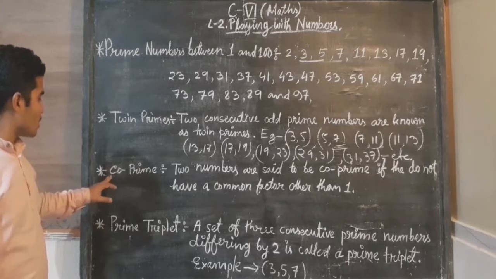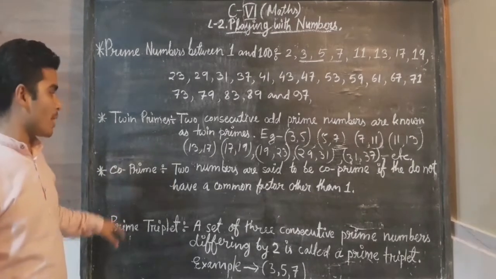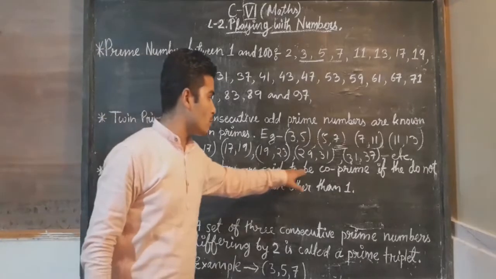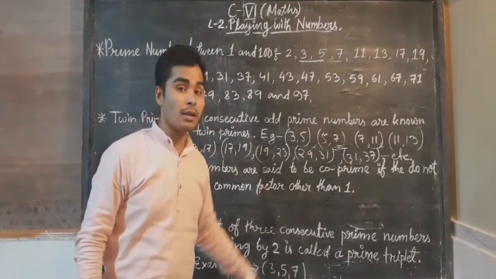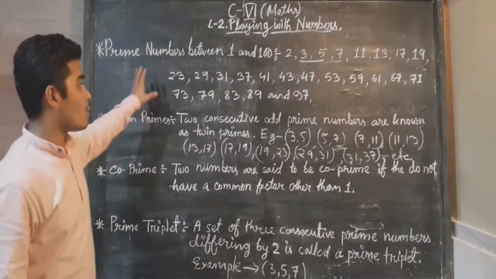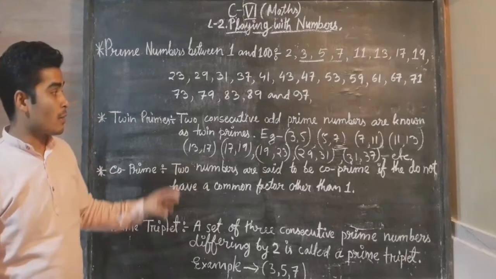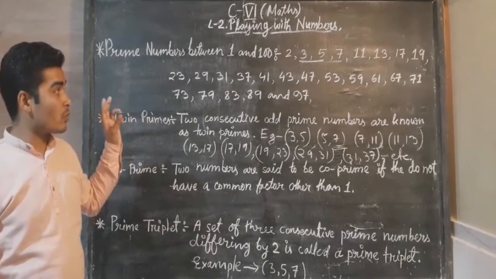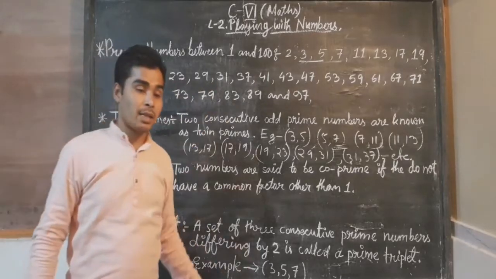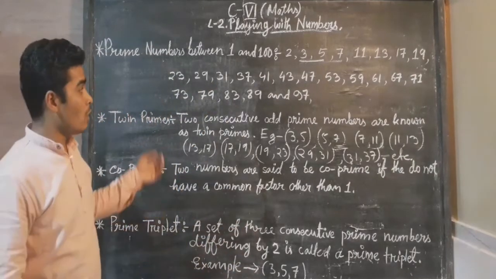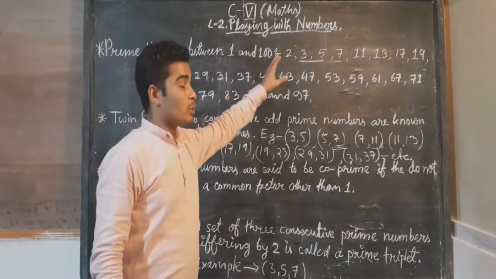Now move to coprimes. Let us read the definition. Two numbers are said to be coprime if they do not have a common factor other than 1. We know that all prime numbers have exactly two factors, and 1 is a factor of every number, so we can get 1 as a common factor from any two prime numbers.